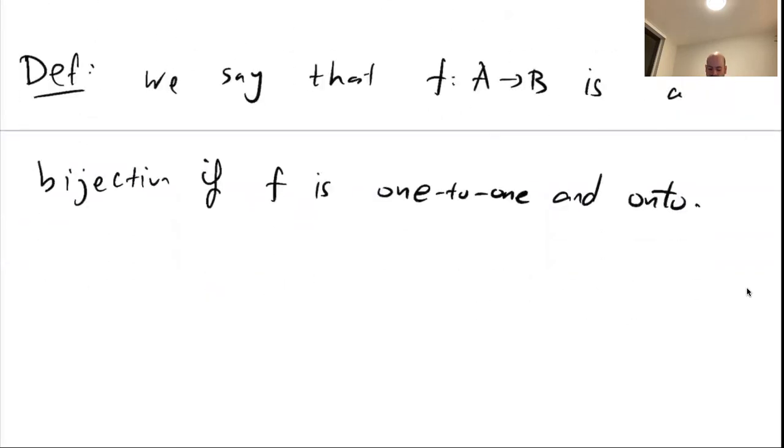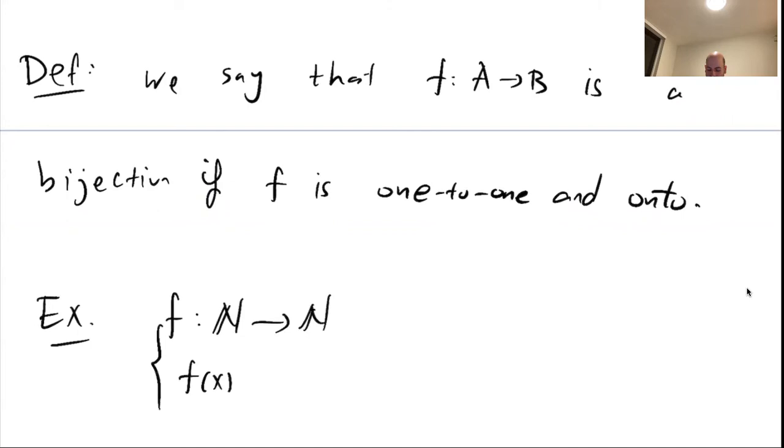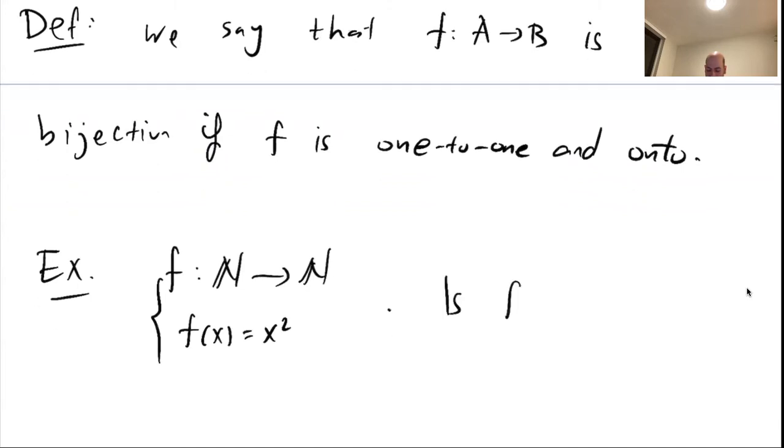So let's look at some examples. Let's say f from N to N, f of x equals x squared. Is f onto? So onto means, can I say that the range is equal to the whole codomain? The codomain is all natural numbers.